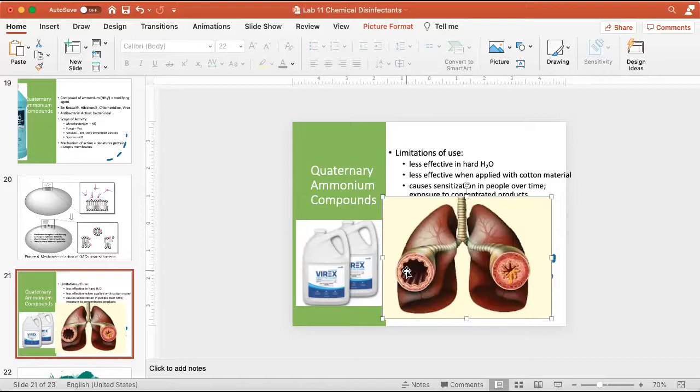But in people, some people who are exposed to concentrated fumes of quaternary ammonium compounds over time, this happens. The lining gets very, very thick and inflamed. And they're even showing us it's secreting a lot of mucus here.